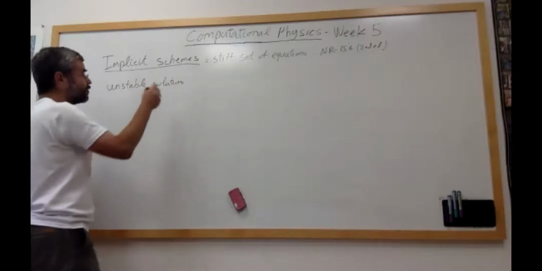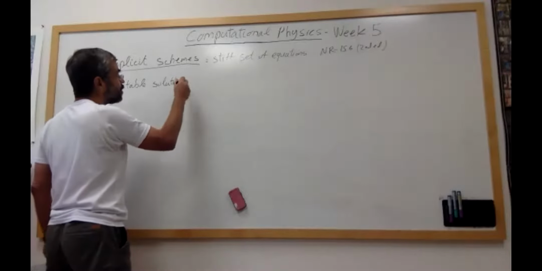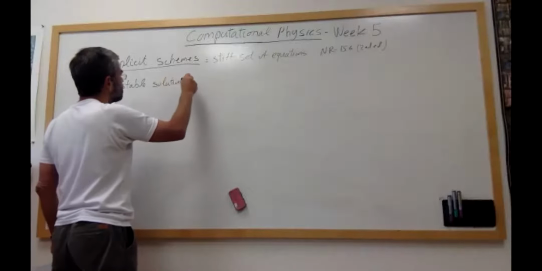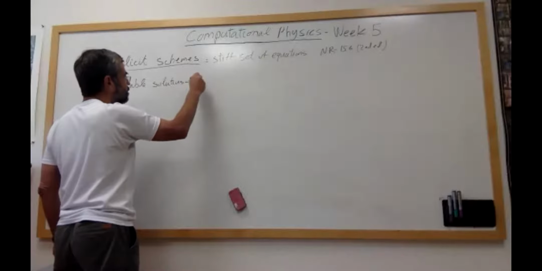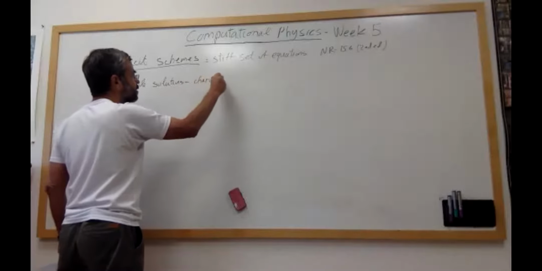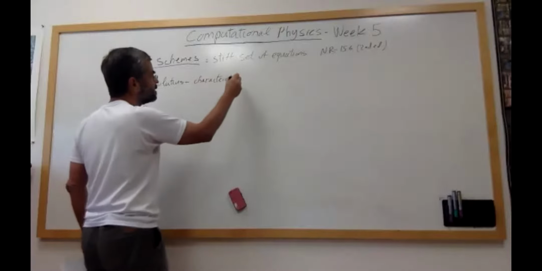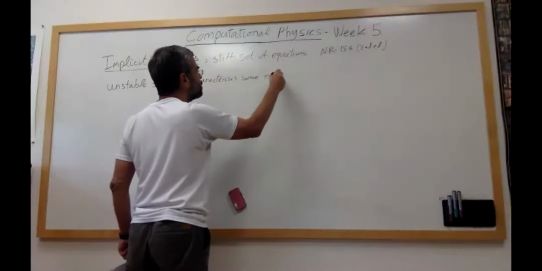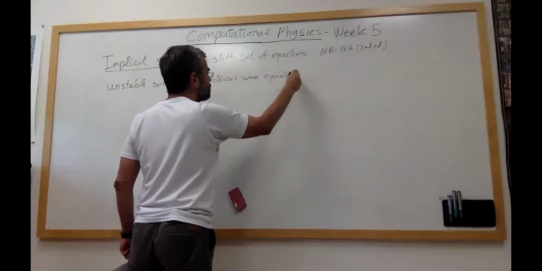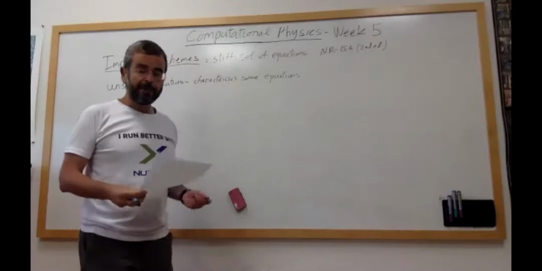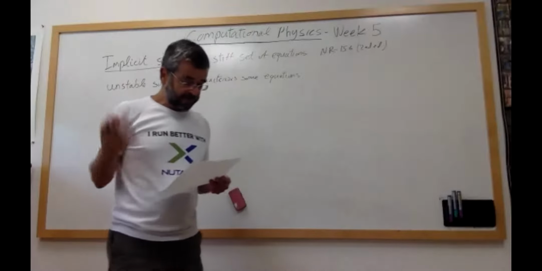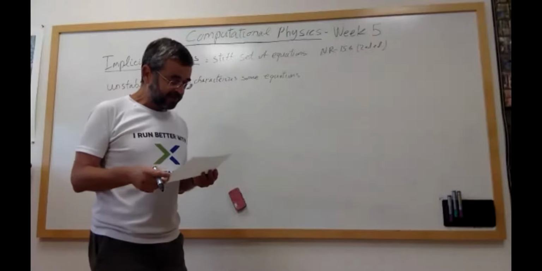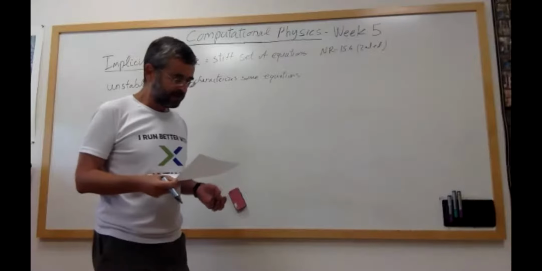This occurs, not always, but it characterizes some equations. So let's see an example for a specific ODE which is likely to be unstable in terms of the solution that we derive.